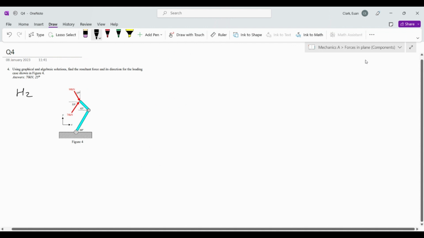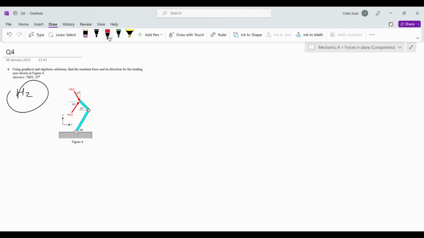Question 4, fantastic. So this one, we're looking for the angle to the horizontal, and we're going to do the exact same thing. Let's call this one F1, and let's call 70 degrees F2. So 90 degrees, we're going to go like this.